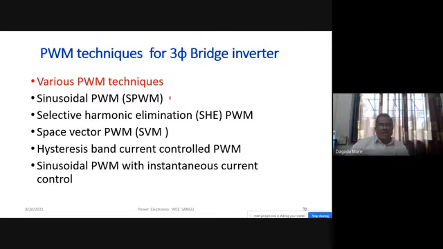One is sinusoidal PWM, which you have studied in power electronics; in short, we call it SPWM.